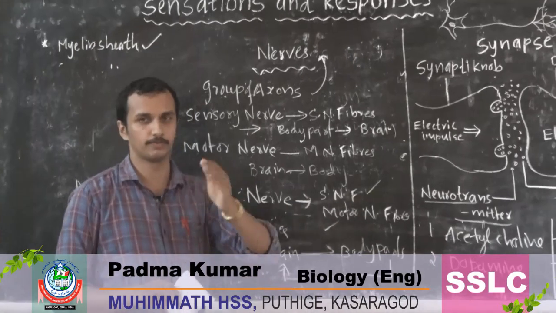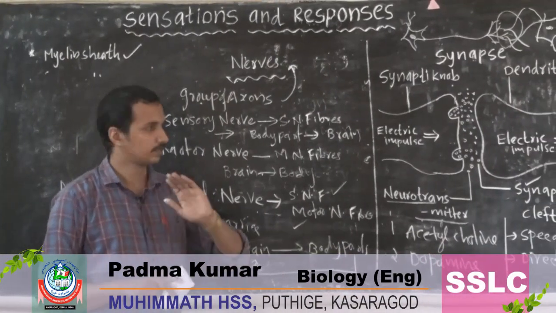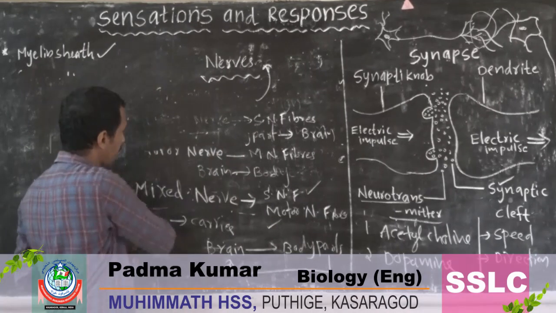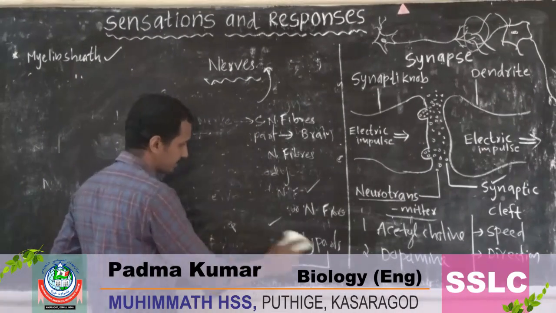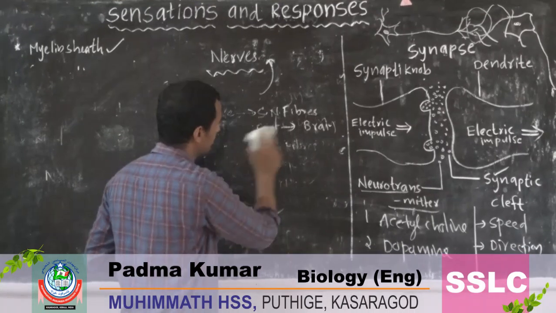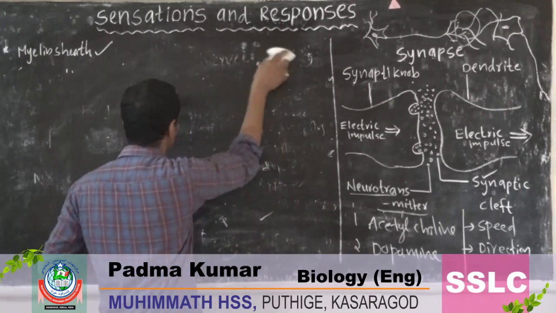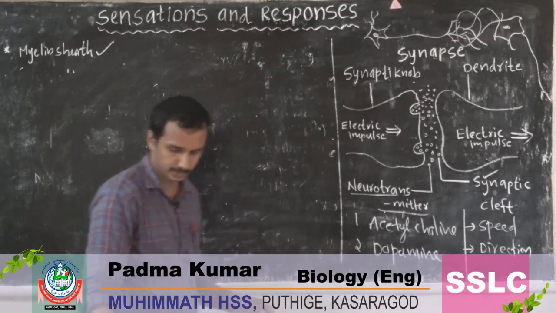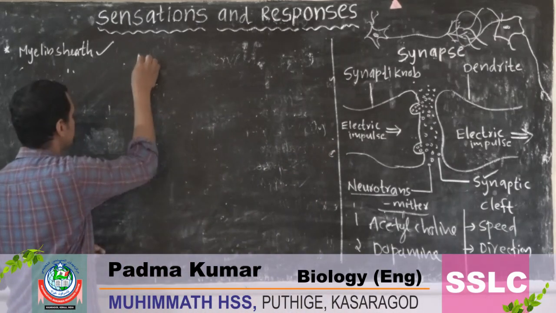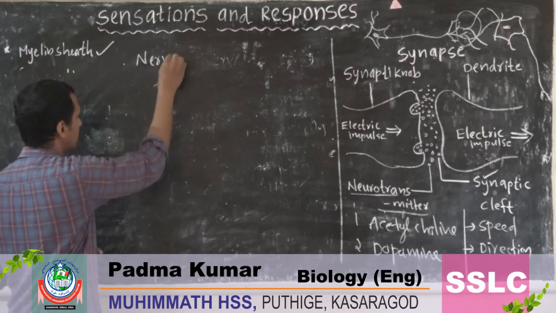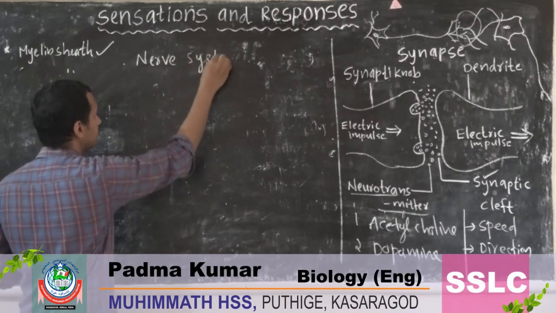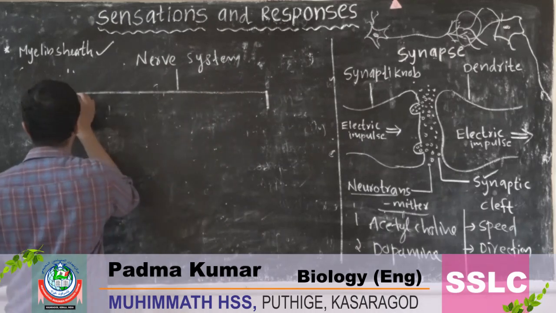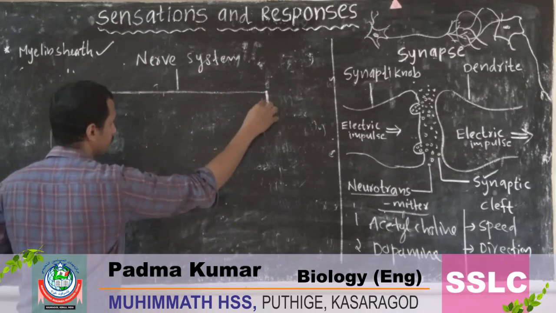Now we have to study a flow chart showing how nerve system is classified. So first you write nerve system. You can prepare a chart. Nerve system is classified into two types.